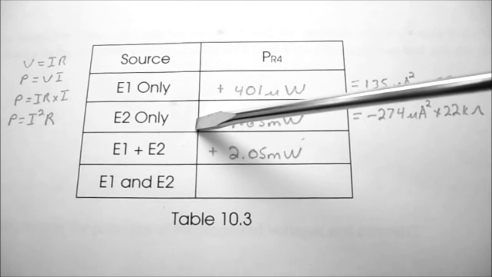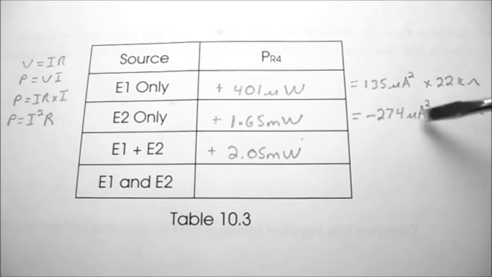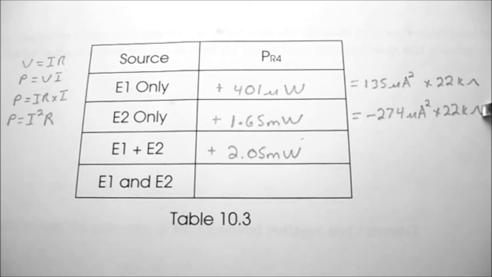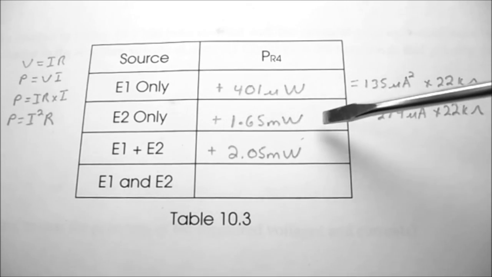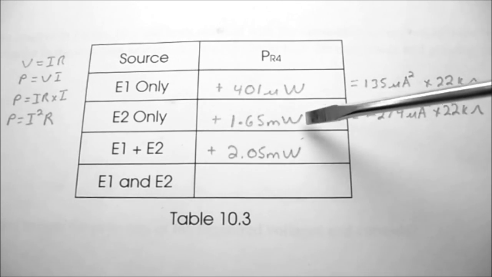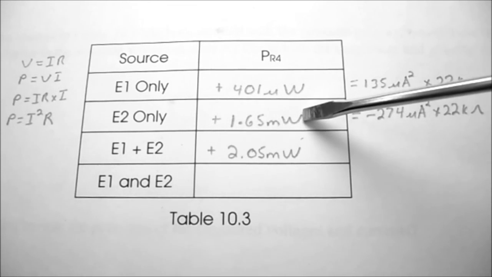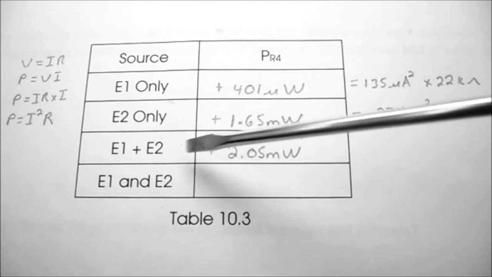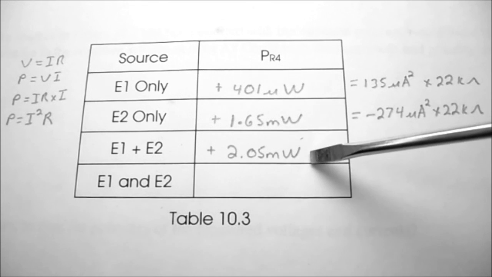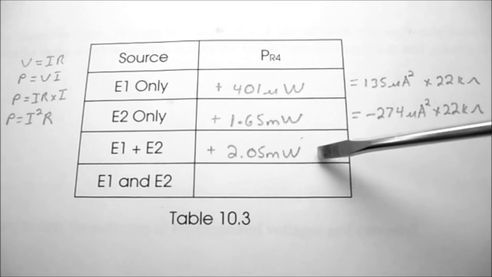For E2 only, we take minus 274 microamps squared times the 22 k ohm resistor, and that works out to 1.65 milliwatts. Then when we add these two together, we come up with E1 plus E2 as being plus 2.05 milliwatts.